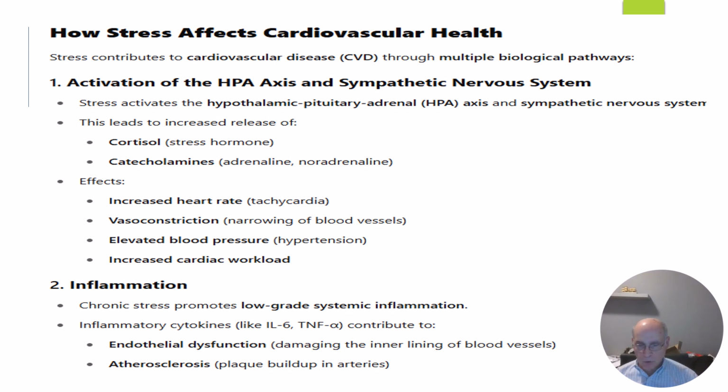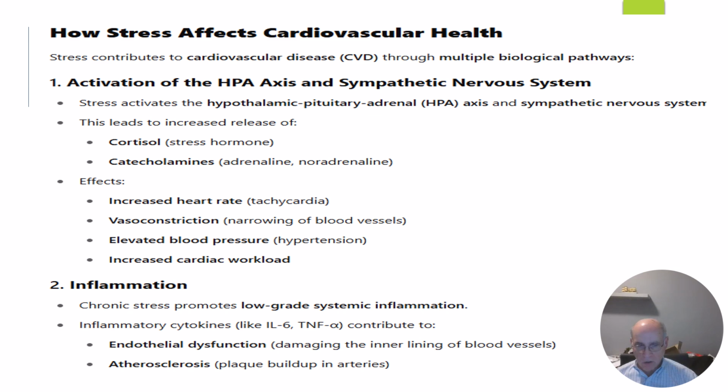Chronic stress promotes, which we've talked about, low-grade systemic inflammation, and these inflammatory cytokines like IL-6, TNF-alpha contribute to damage of the endothelial wall, the inner lining, the glycocalyx, causing leakiness.